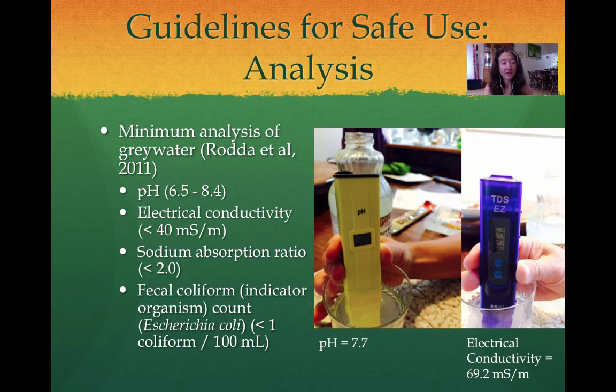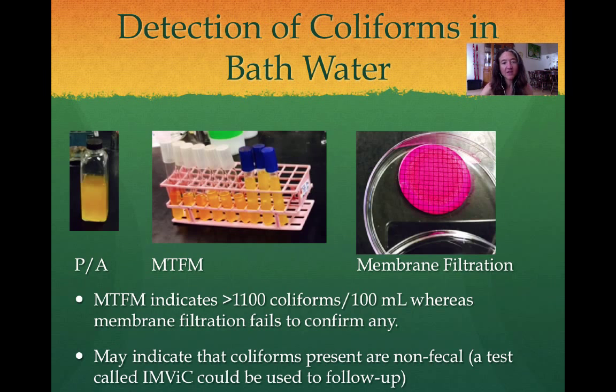So then you say, what about these fecal coliforms? What was the count of fecal coliforms? This is where I got to the end of the week right before I was ready to do the presentation, and I had some confounding data. Really, we want to see less than 1 coliform per 100 mL in our gray water before safely adding it into the soil, but I saw some confounding things.